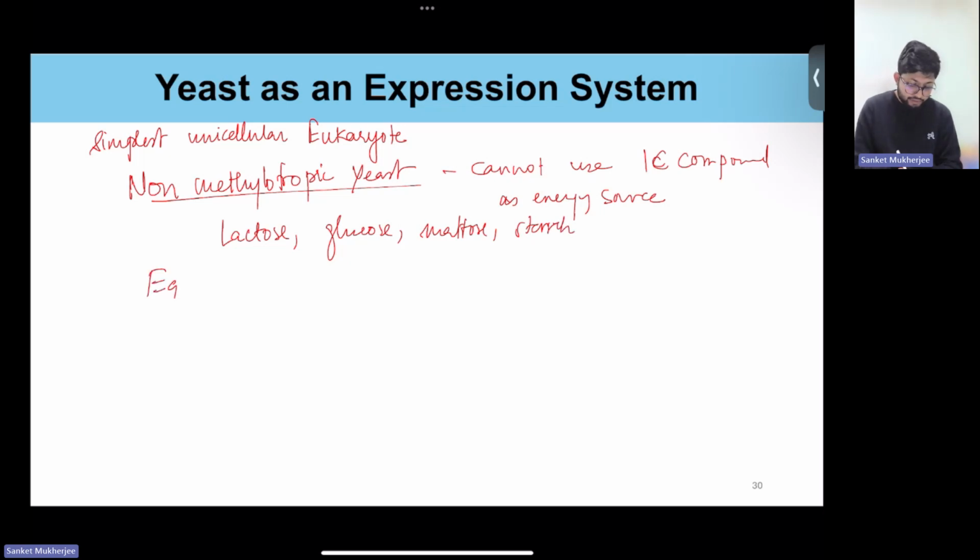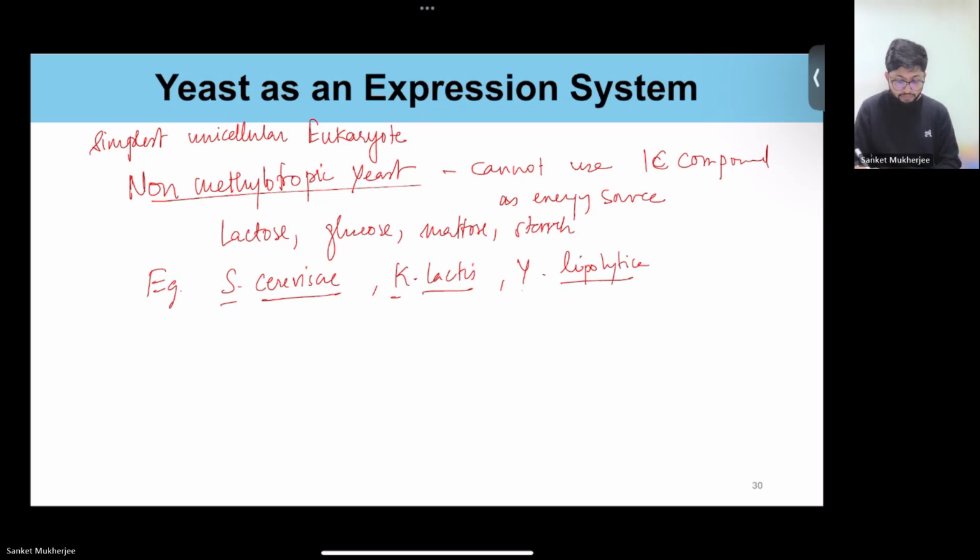Examples of this are Saccharomyces cerevisiae, K. lactis, or Yarrowia lipolytica. These are usually used for alcohol fermentation. The other kind of yeast are methylotrophic yeast.